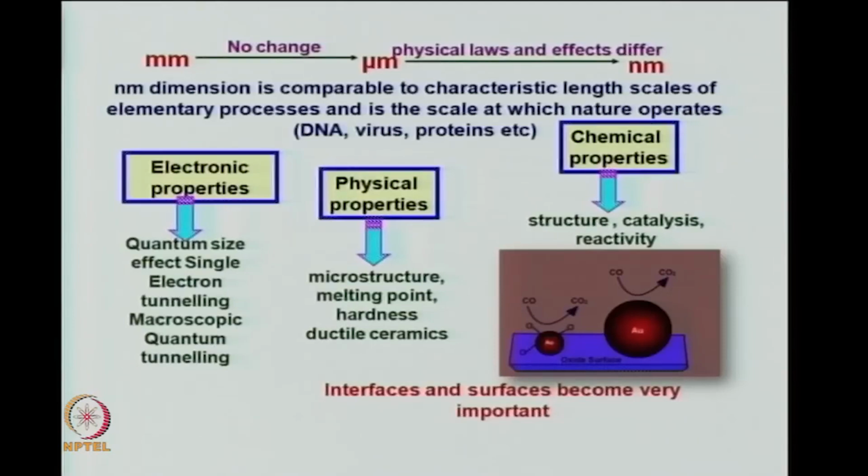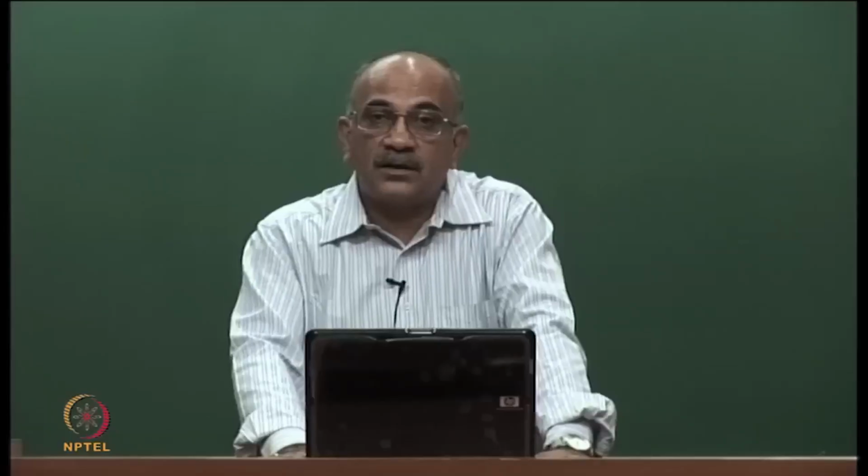Whereas the small particle of gold can oxidize carbon monoxide to carbon dioxide. So, interfaces and surfaces become very important, and this is of course known for a long time in catalysis, and they were not called nanoparticles, but they were called fine particles.